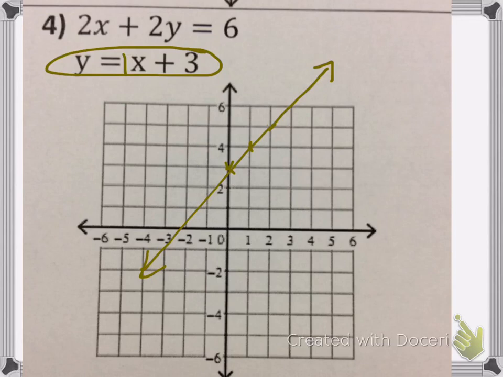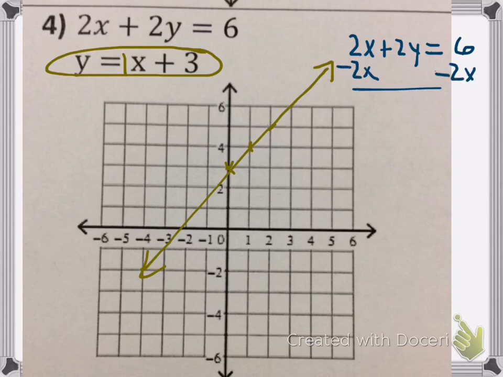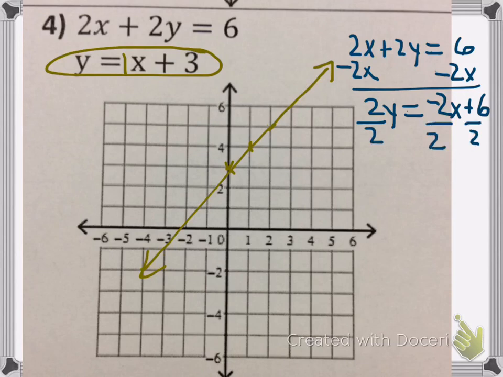Then that second equation, I actually need to solve it before I can graph it. So I have 2x plus 2y equals 6. And I'm solving it for y. So I'm going to subtract the 2x over to the other side. And I get 2y equals negative 2x plus 6. Divide both sides by 2, which means everything gets divided by 2.